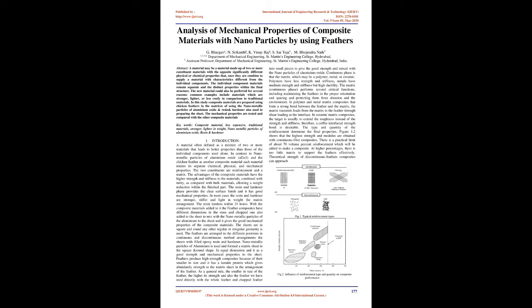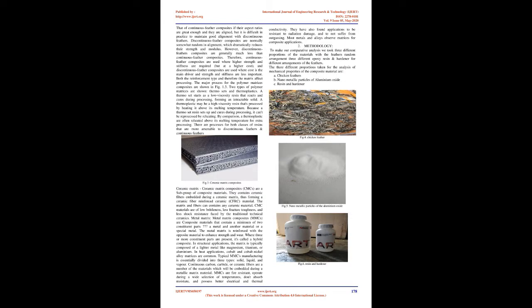The continuous phase is the matrix, which may be a polymer, metal, or ceramic. Polymers have less strength and stiffness, while metals have medium strength and stiffness but high ductility. The matrix, the continuous phase, performs several critical functions, including maintaining the feathers in the proper orientation and spacing and protecting them from abrasion and the environment.